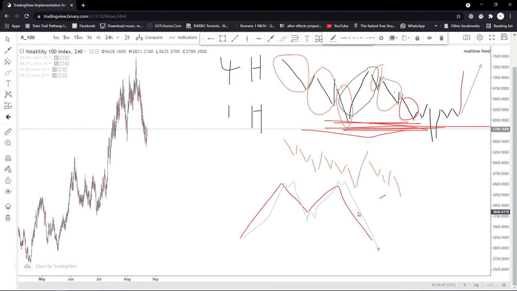So guys, how do you actually notice your levels within a trend? Trust me, once you understand how to get your levels within a trend, it's going to be simple for you. Let me put it like that.